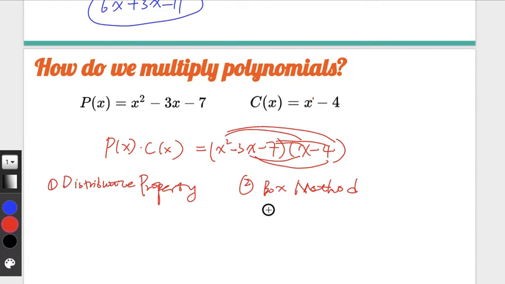Since we have 3 terms here, it's like a 1, 2, 3 box here, and then we have 2 here. Then we list the possible terms. Whenever you see the box, what are the 2 things attached to this box? You just need to multiply them. Finally, very simply, we combine like terms to get the answer.